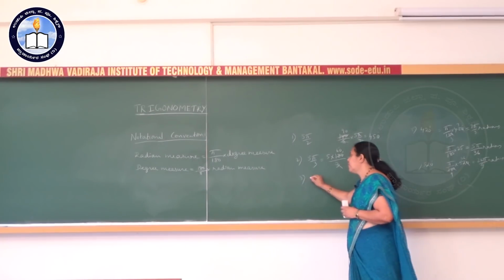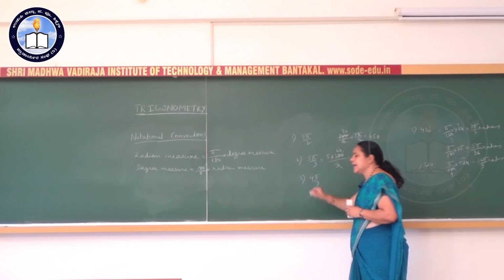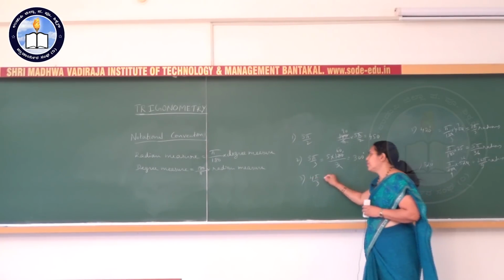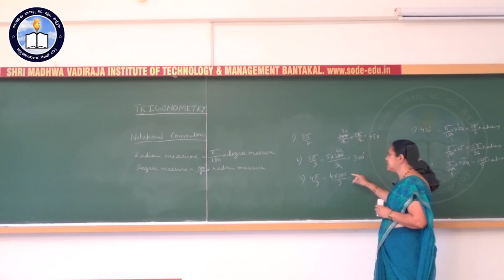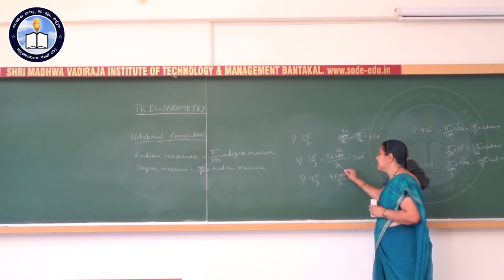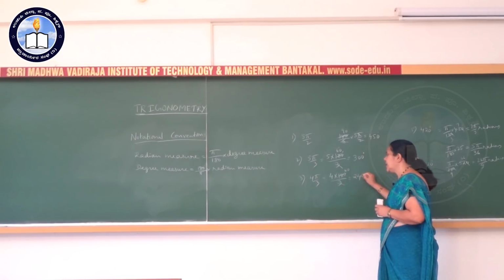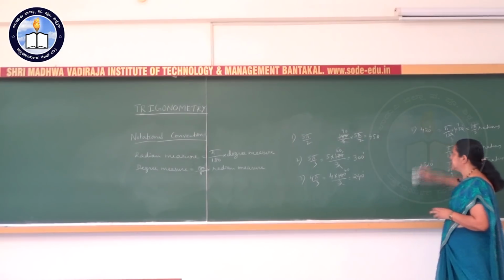What is 4 pi by 3 in degrees? 4 into 180 divided by 3, that's equal to 3 ones are 3, 60s are 240 degrees.